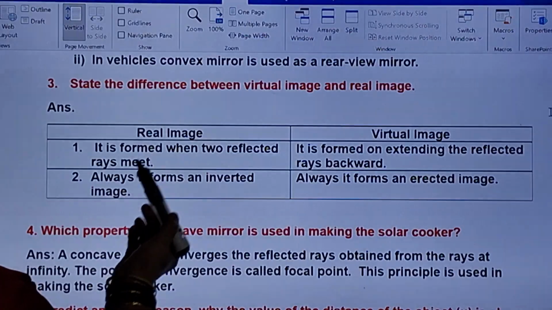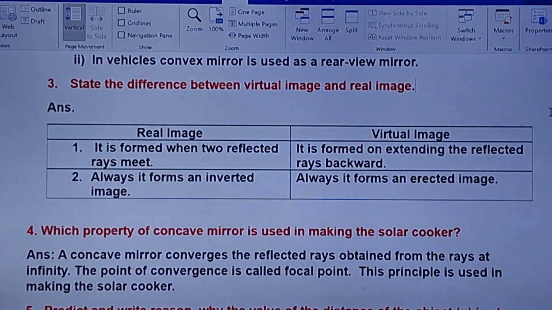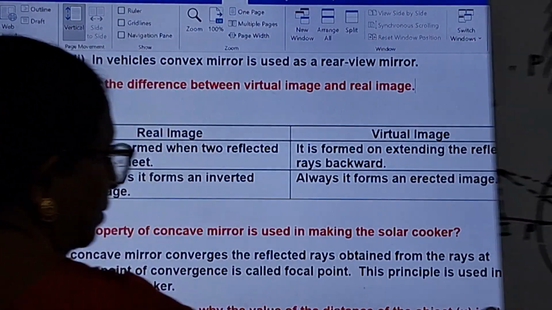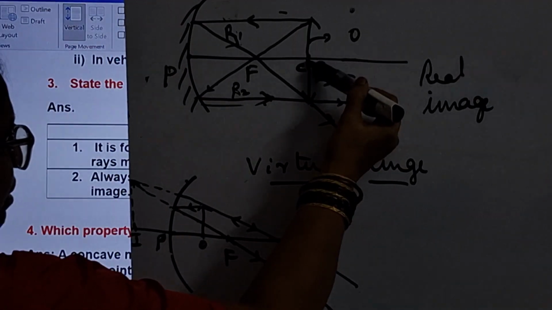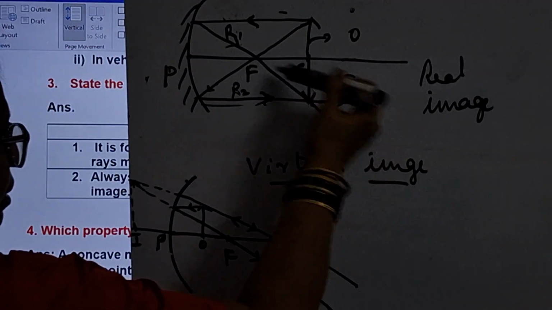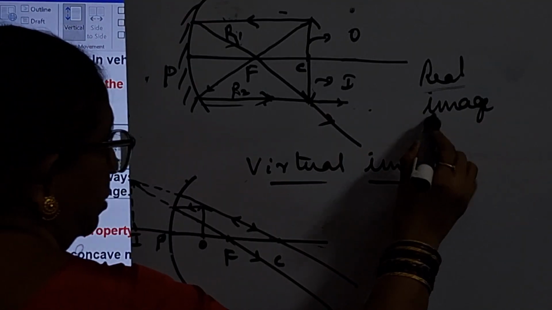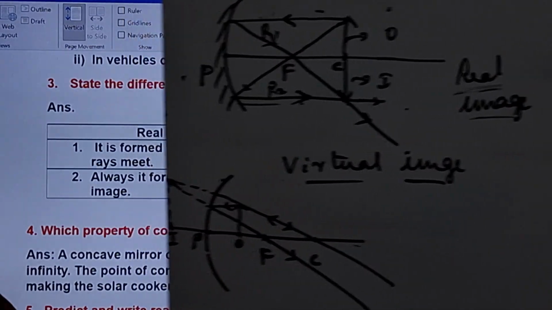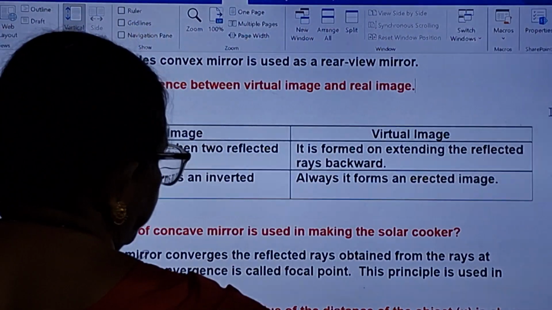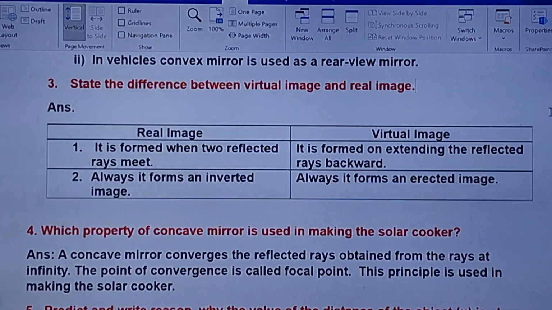And a real image always forms an inverted image. See children, this is called an inverted image. This is erect, this is inverted. Always in real images, an inverted image only you will get. And in a virtual image, of course, it forms an erect image.